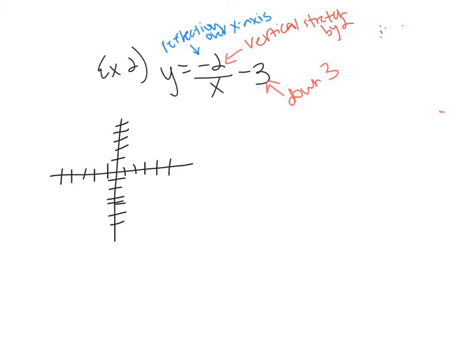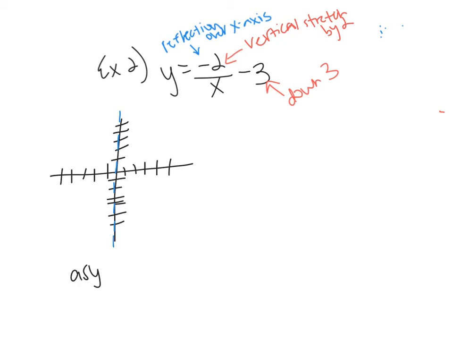Again, normally our symmetry starts at 0, 0, and we have asymptotes at 0, 0. Notice here, I'm not moving it right or left at all. So my vertical asymptote is going to stay at 0. Vertically, we still have x equals 0 because I'm not moving right or left.